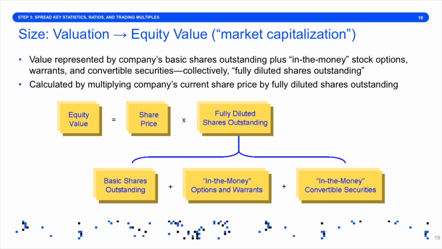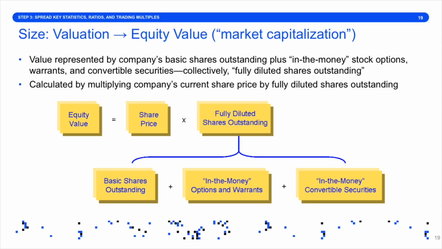So there can be options that can be converted into shares, so they are potential shares. And then you also have convertible bonds. A convertible bond is a bond, so a debt security that can be converted into stocks.